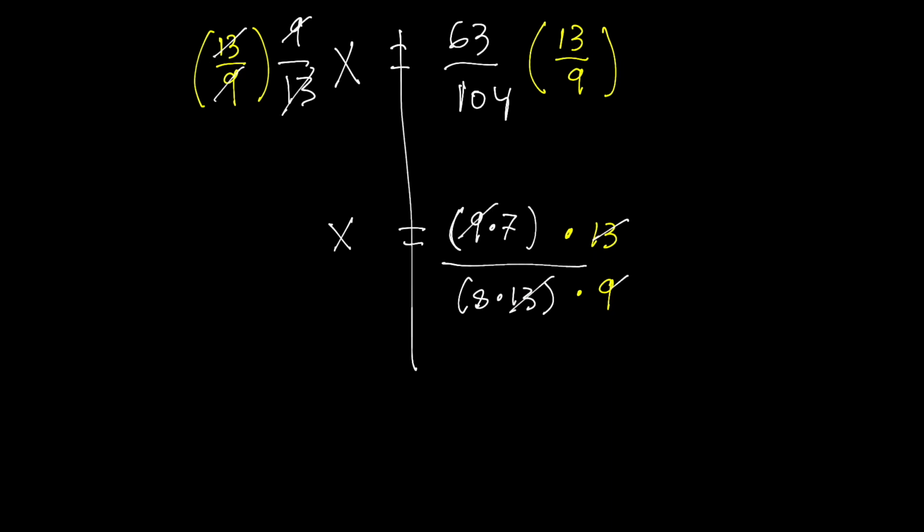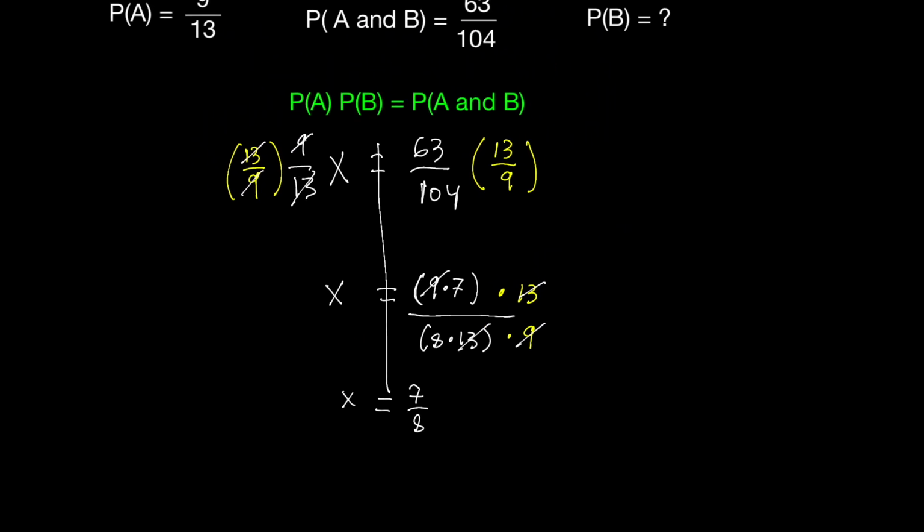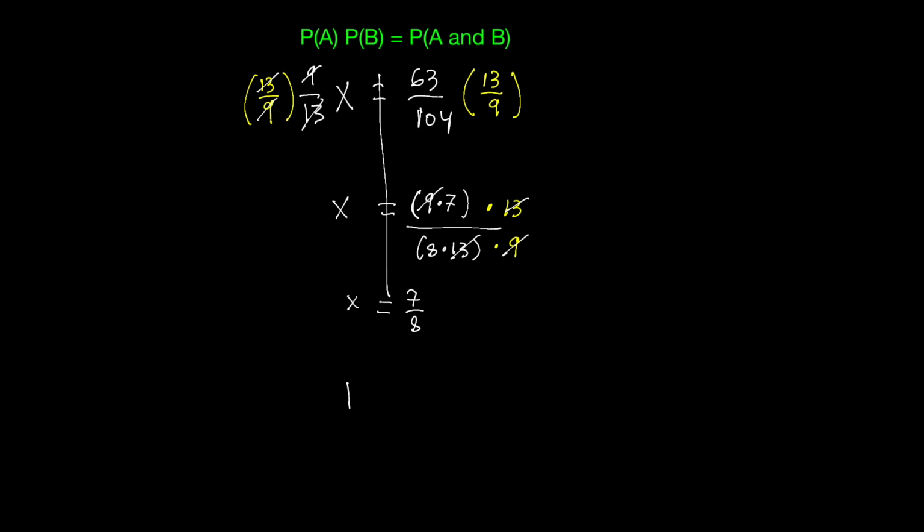The same thing goes for the 9s. So I get that X is equal to whatever is remaining here, that's going to be 7 over 8. Recall that X was going to be the probability of B. So the probability of B is 7 over 8.